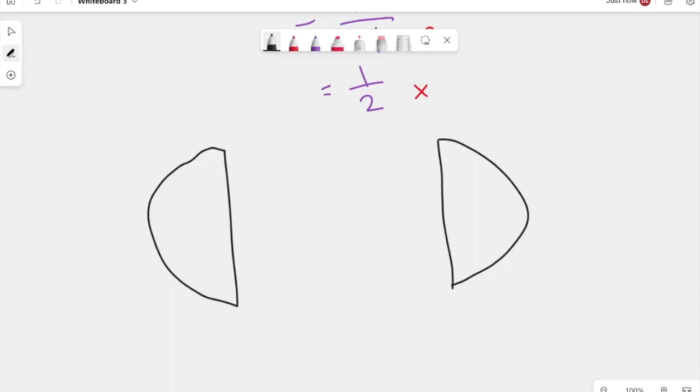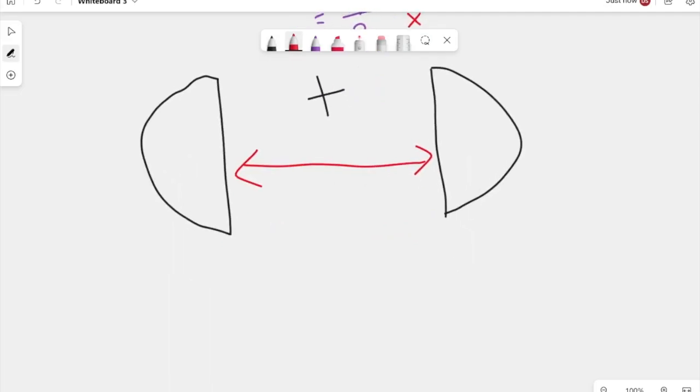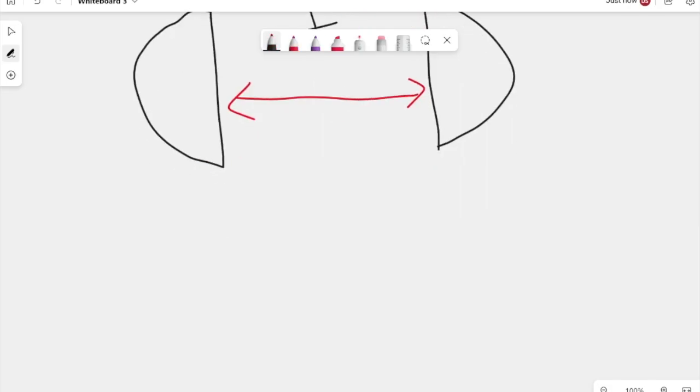So if I were to add these together, right? So I'm going to put a plus sign. I would combine these, right? I'd add my one portion to the other portion. So I'd kind of close these in together and I would end up with one whole.